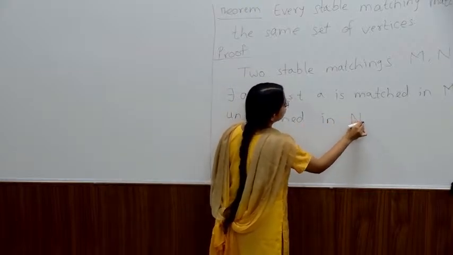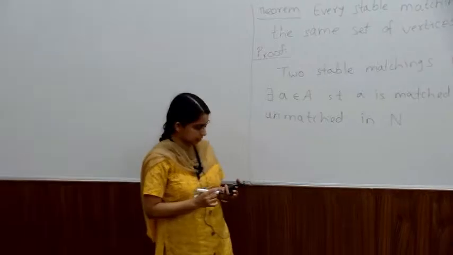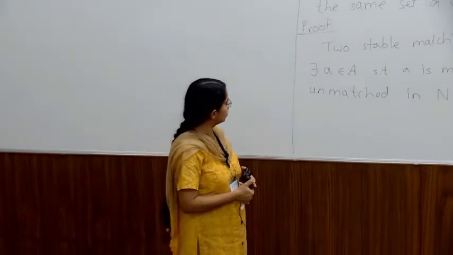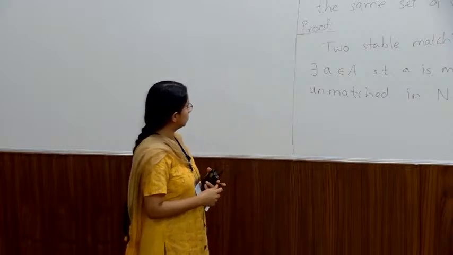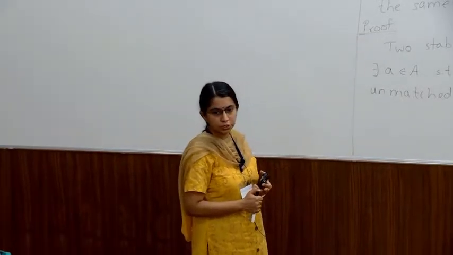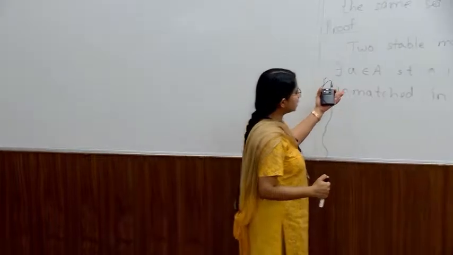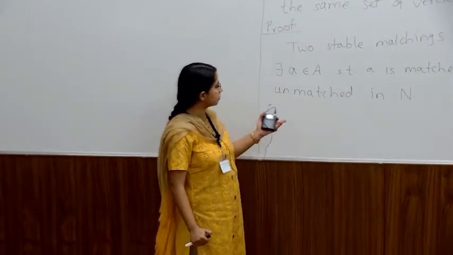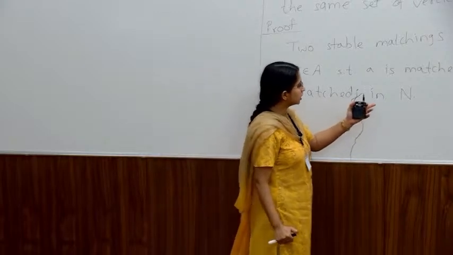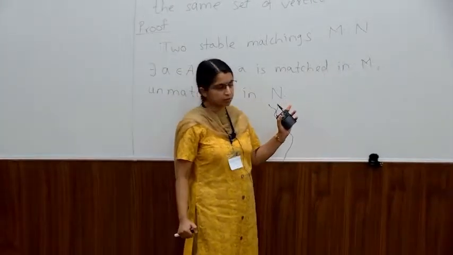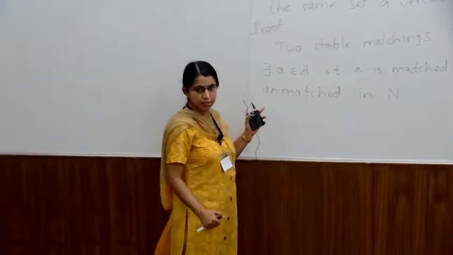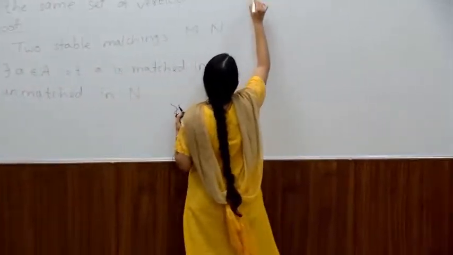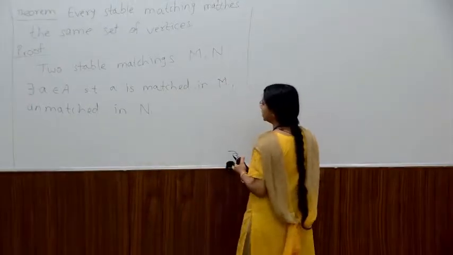Now, what should we be doing to contradict this? Right, so we should say that one of the two matchings cannot be stable. We have to exhibit a blocking pair somewhere to say that one of the two matchings has to be unstable, and then our assumption will be false. Okay, so with that as template, let's try to formalize this.